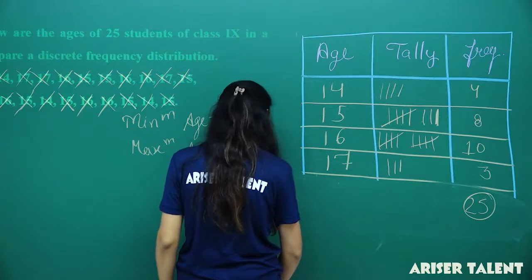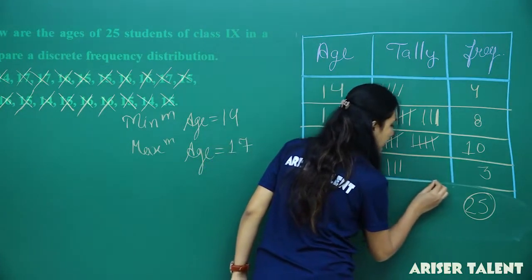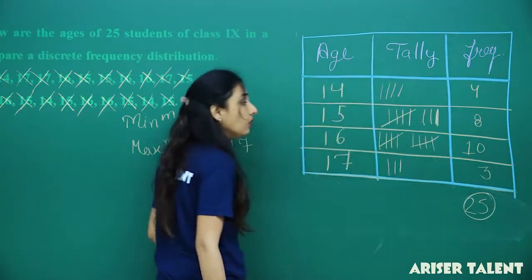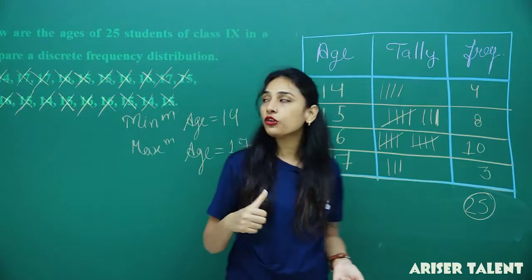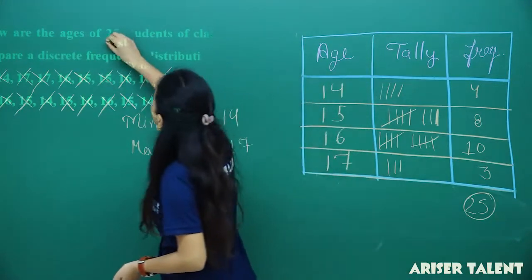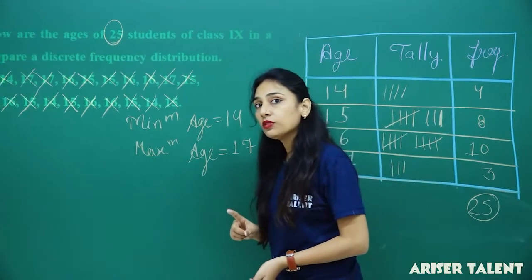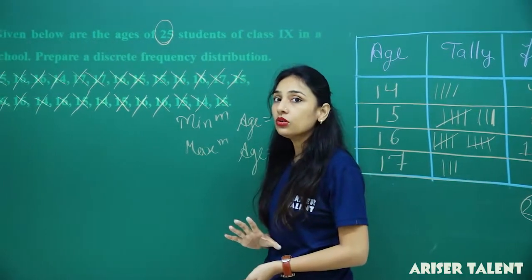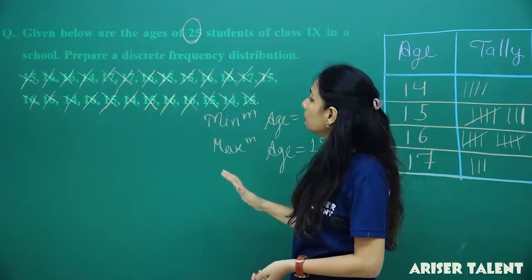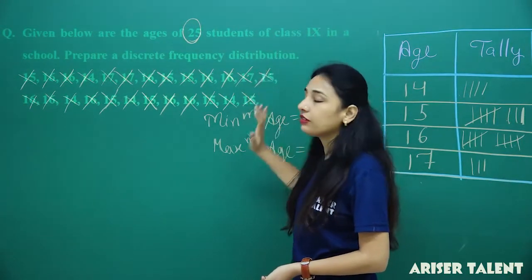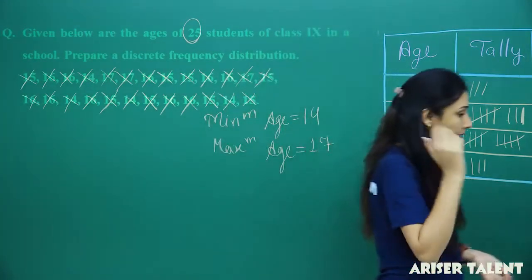The summation will be 25, right students? Okay. Now 25 is the number of students we were talking about. So the number of observations is equal to the summation of the frequency. So we have done it very rightly, very correctly. Note it completely.